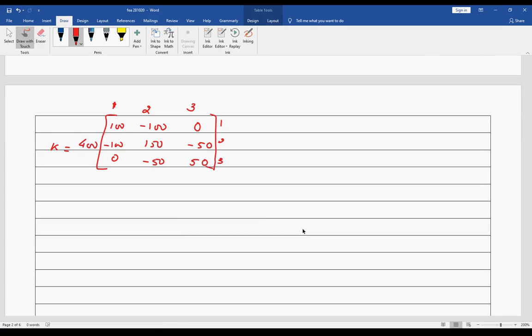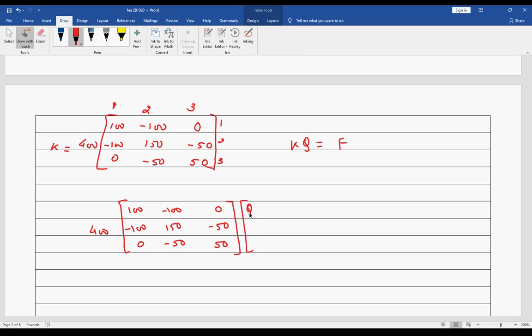Okay, so this is my global stiffness matrix. Now from this I can write KQ equal to F. That is what is my FEM equation. So 400 times 100, minus 100, 0, minus 100, 150, minus 50, minus 50, 50.